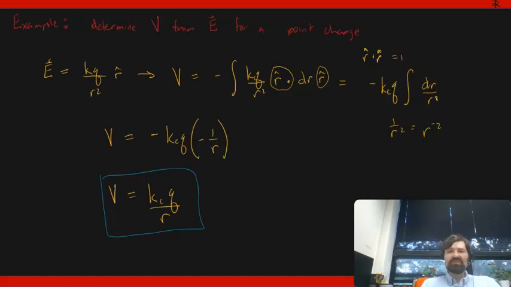Now that's in some ways the trivial example. What if we go in reverse? What if we pick some other distribution? Maybe we pick a sphere.